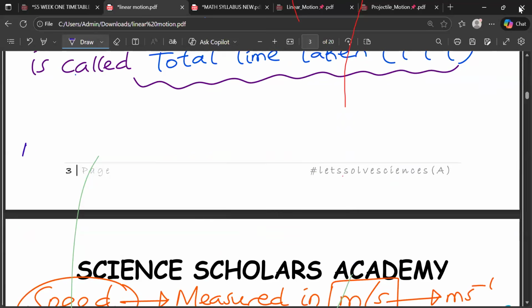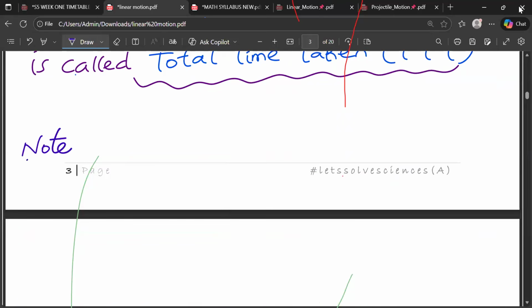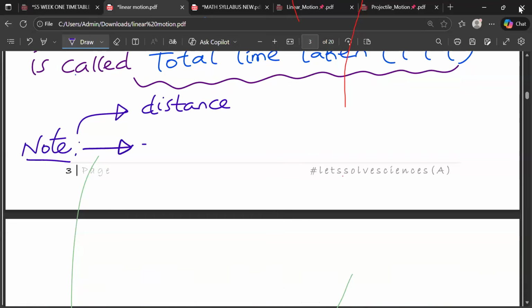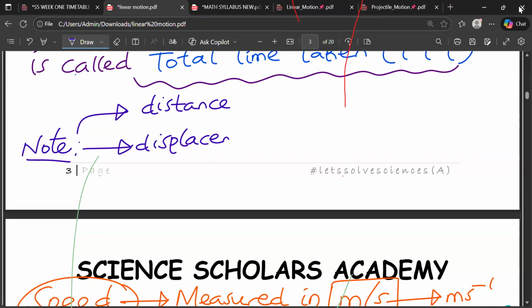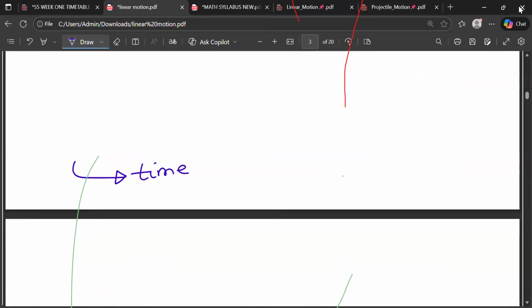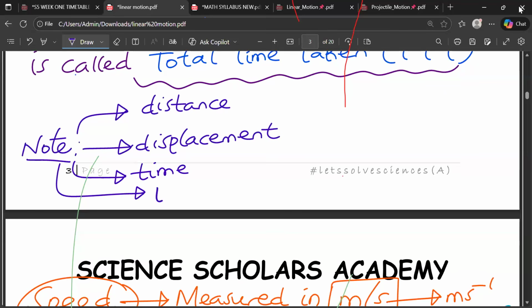Just something small as a note, which you'll also need: distance, displacement, time, total time.